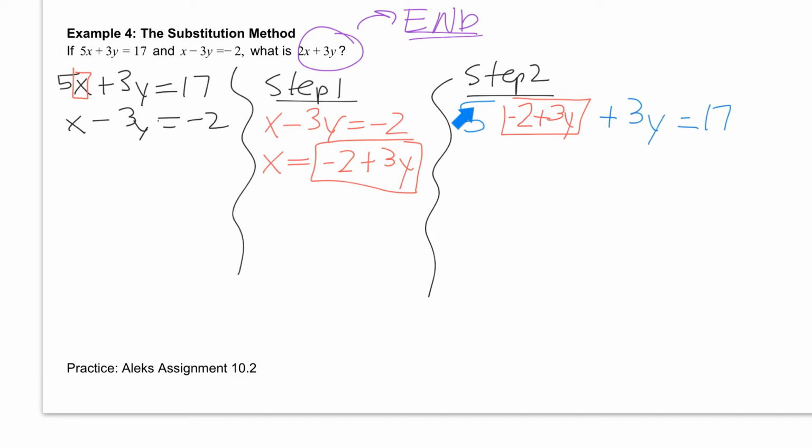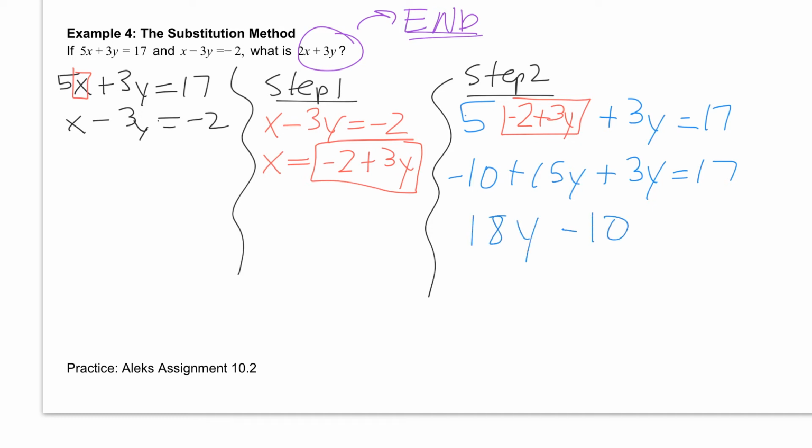And then to solve it, I'm going to start by distributing the 5. 5 times negative 2 will give me negative 10. 5 times 3y will give me 15y. Then I still have my plus 3y equal to 17. And then if I combine my like terms, 15y plus 3y will give me 18y.